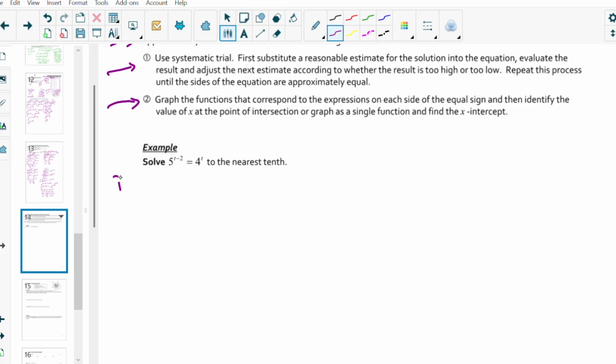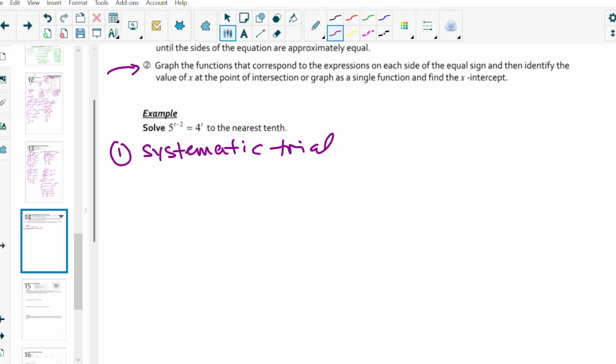Let's do method 1, systematic trial. Okay, so we are literally doing this. If this is 5 to the t minus 2 equals 4 to the t, what's the value of t that will make both sides of the equation equal?